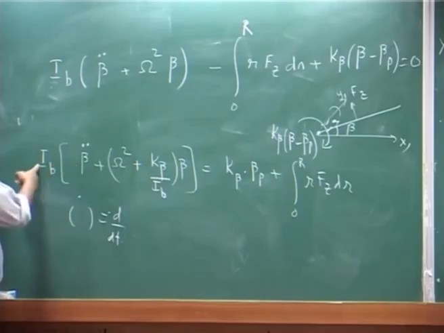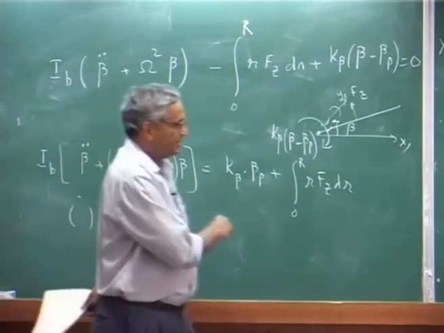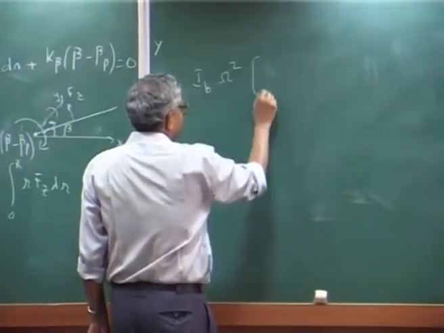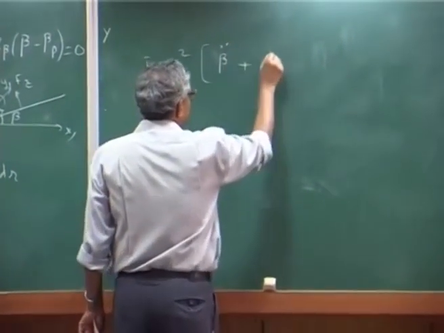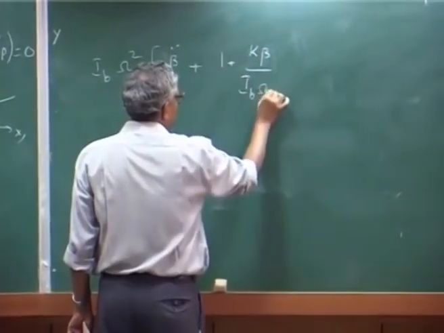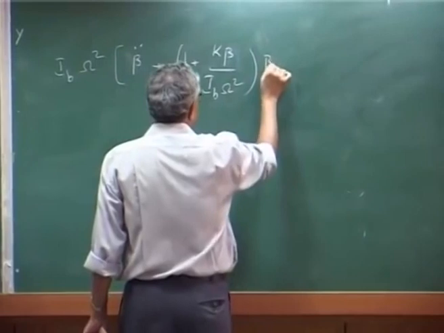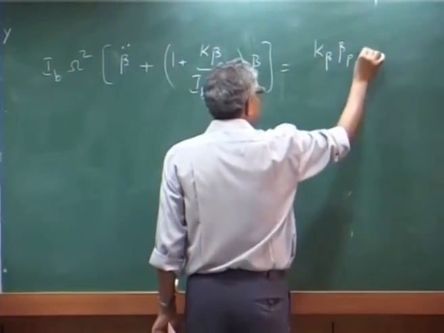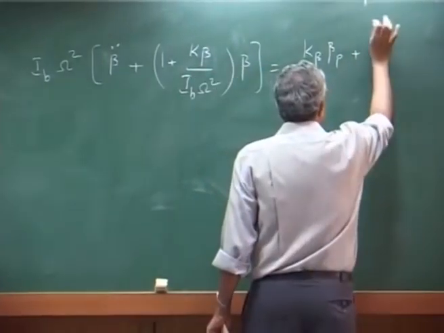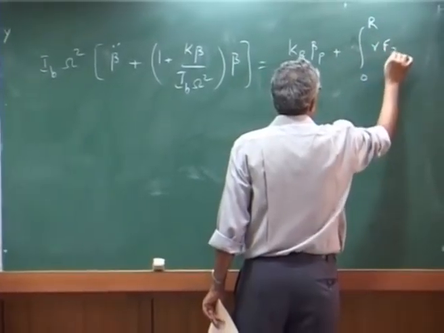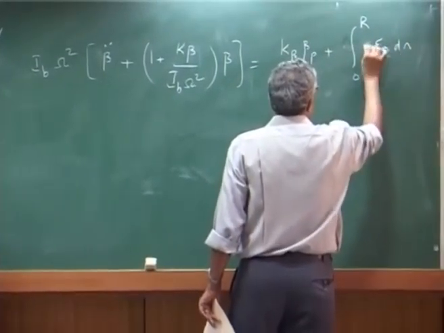So when I take out the omega square, I_b omega square beta double dot, so I will have I_b omega square into beta double dot plus 1 plus I_b omega square into beta. Here you will have again k_beta beta_p plus your integral F_z dr. Okay.